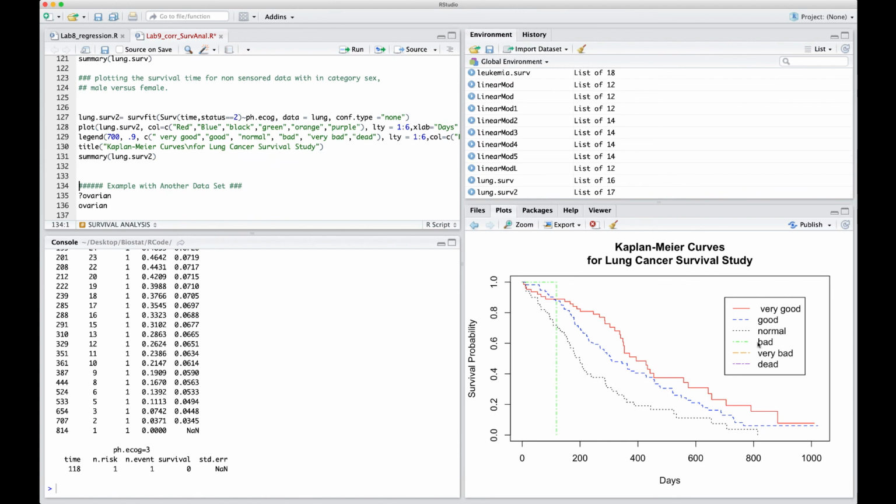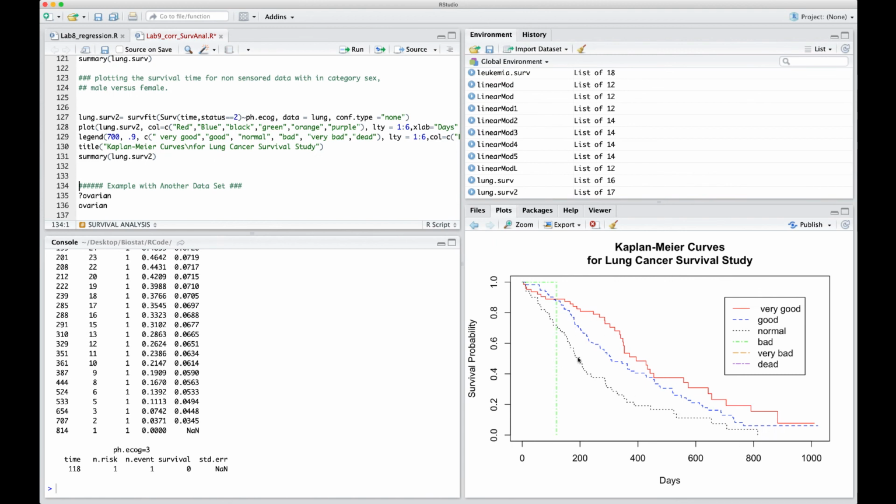If the performance score is bad, then the person will die within about 160 days. If the performance score is good or very good, the survival probability is more than 15% till 1,000 days. With the normal performance score, you see this is the normal one, right?